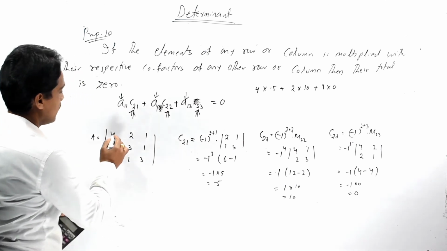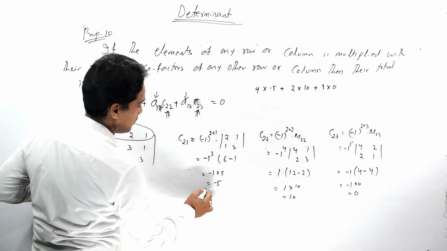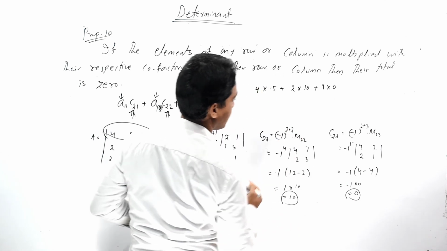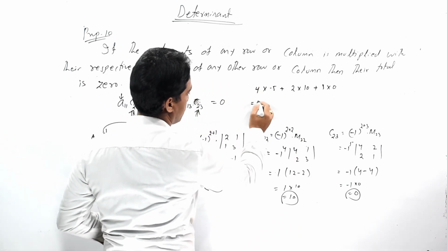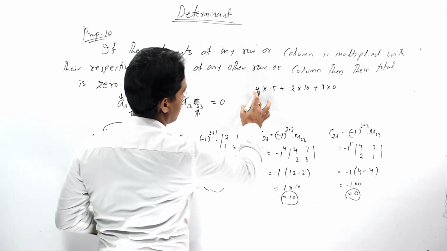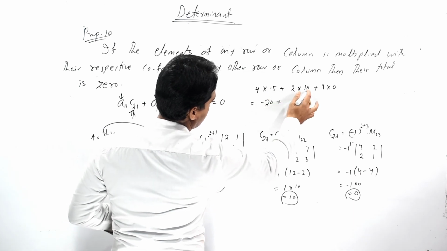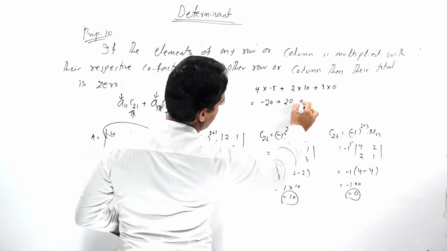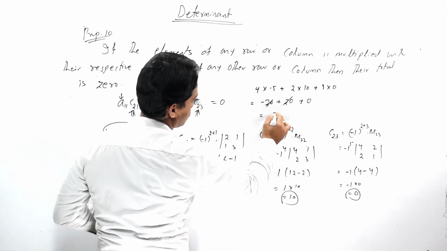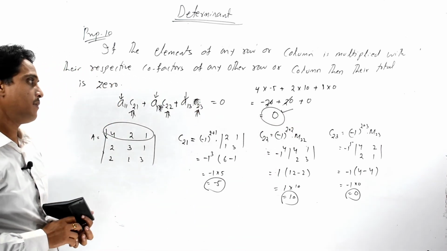Here the elements of the first row are multiplied with the respective cofactors of the second row, so as per the property their total should be 0. So 4 into minus 5 is minus 20, plus 2 into 10 is 20, plus 1 into 0 is 0. The plus 20 and minus 20 cancel, so the total is 0.